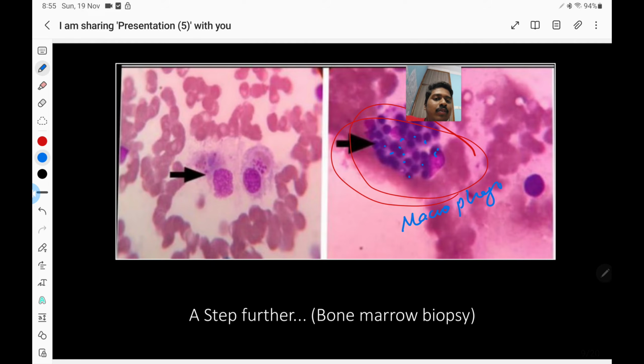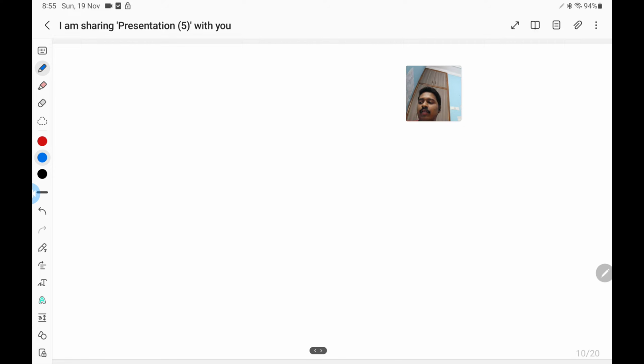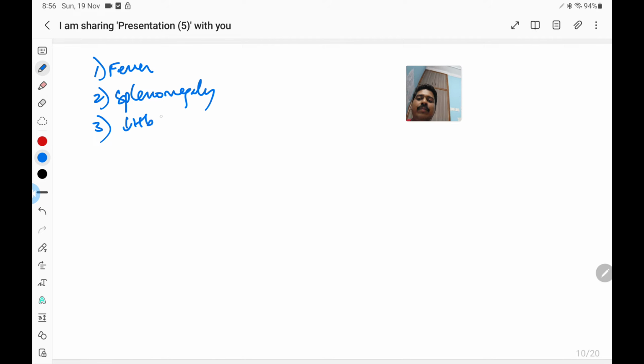And now the diagnosis was almost clear. We had the following features with us. First, fever: the patient presented with fever. We had splenomegaly. Then we had decreased Hb and decreased platelets, that is bicytopenia.